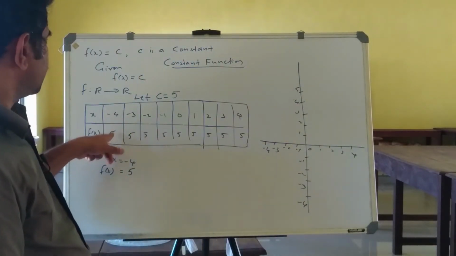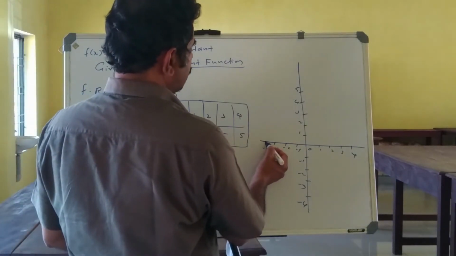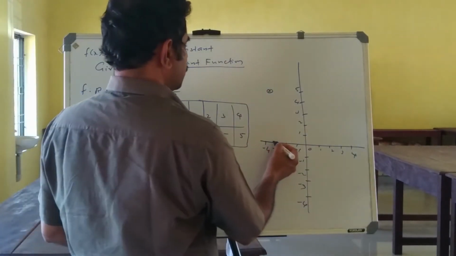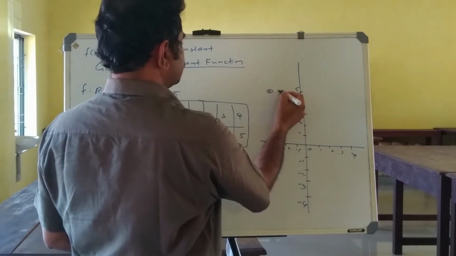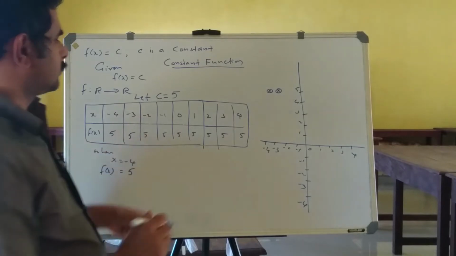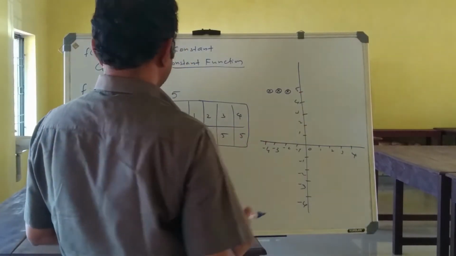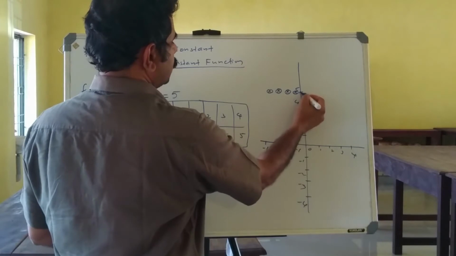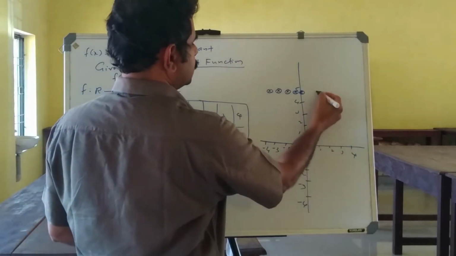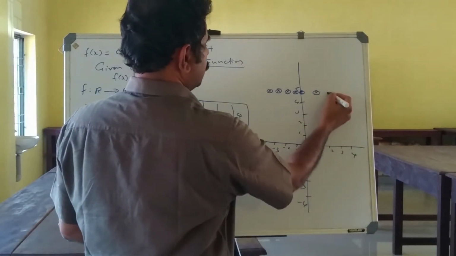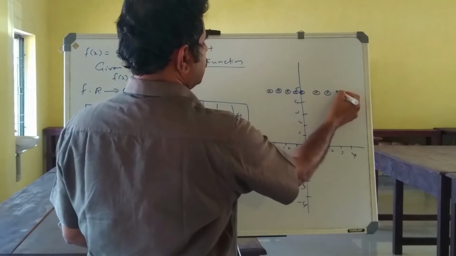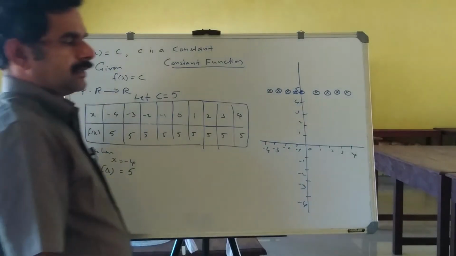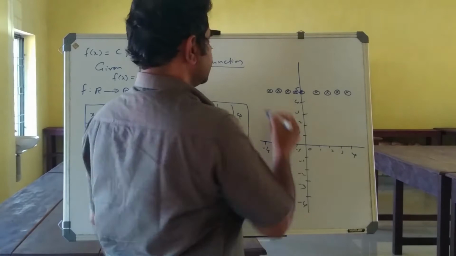When x is equal to minus 4, its value is 5. x equal to minus 3, its value is 5. x equal to minus 2, its value is 5. x equal to minus 1, its value is 5. x equal to 0, 5; 1, 5; 2, 5; 3, 5; 4, 5.